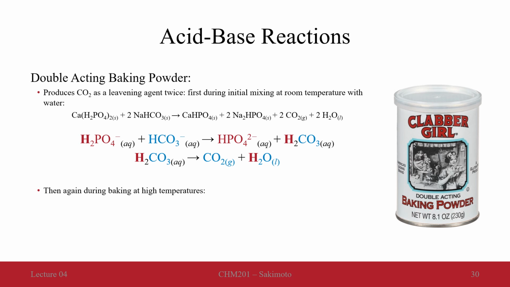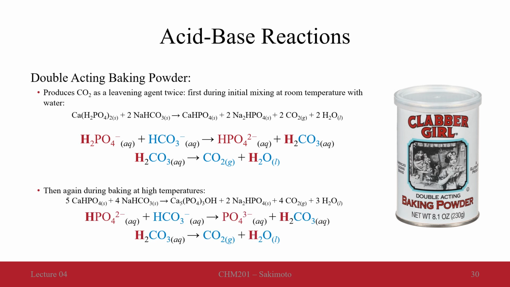In the second step of double-acting baking powder, which occurs at high temperature once your muffin batter is in the oven, the product from our first reaction, this calcium hydrogen phosphate dibasic, CaHPO4, further combines with the remaining sodium bicarbonate to give us another acid-base reaction that once again, as a net ionic equation, transfers an H plus to HCO3 minus to give us H2CO3.